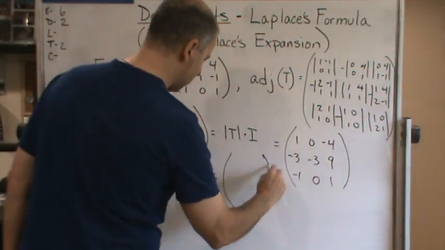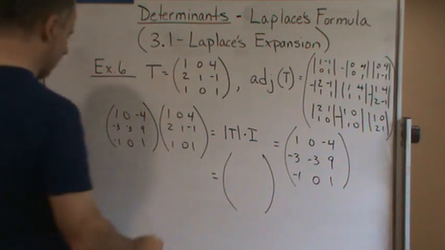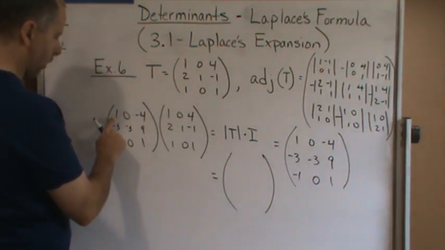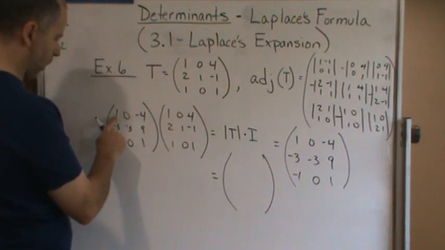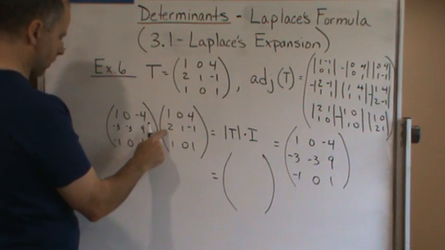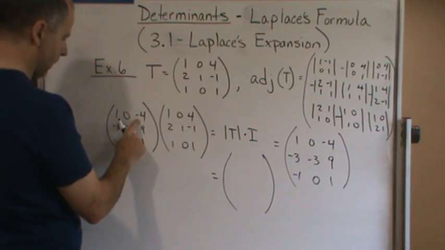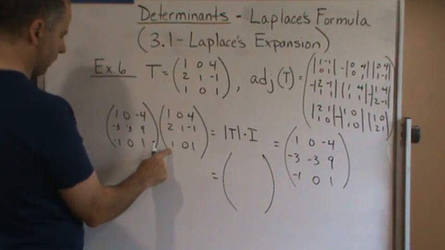Okay, now if we multiply this, what do we get? Well, we get a diagonal matrix, right? And in this case, if we go across the row down here, we get 1 times 1 is 1, 0 times 2 is 0, and we get negative 4 times 1 is negative 4.